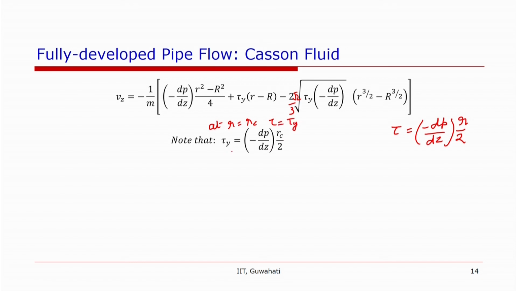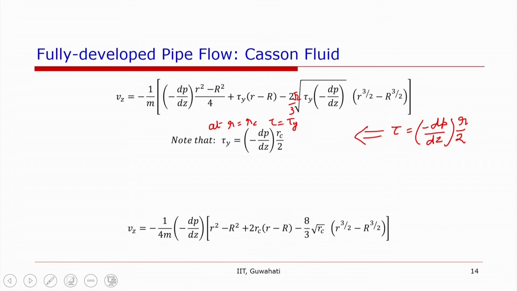So we substitute this in this equation, then we get this value that tau y is equal to minus dp by dz rc by 2, and we get this velocity profile.